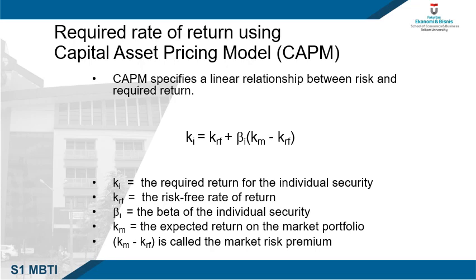So now I will introduce you to the required rate of return using the capital asset pricing model. In the previous part, I said that K is equal to K_RF, that is the risk-free rate of return, plus the K premium. So this is the return from the risk premium.